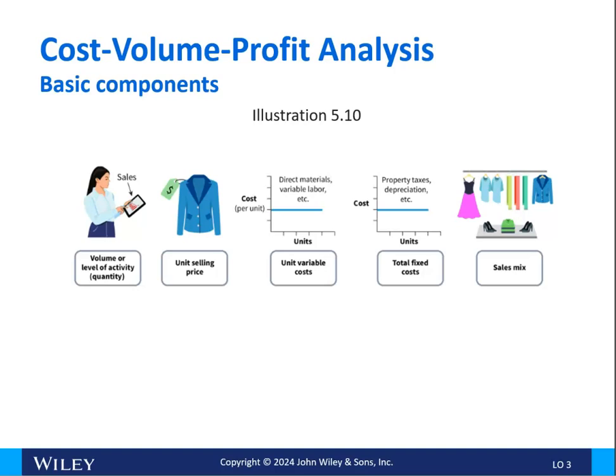If we look at the basic components, we're going to have the volume or level of activity, the quantity. We're going to have the unit selling price. We'll have unit variable cost. We'll have total fixed cost. And then the sales mix will come into play as well.